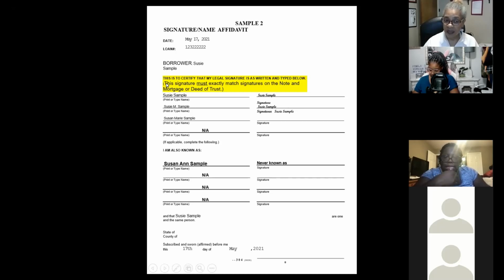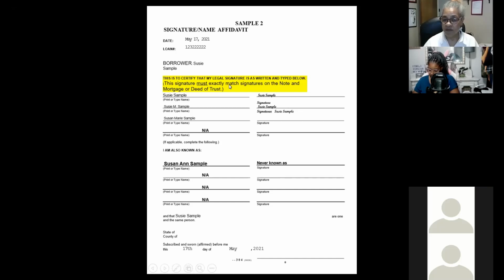Then they tell us this signature must exactly match signatures on the note and the mortgage or deed of trust. In this example, Susie's name is Susie Sample on her mortgage or deed of trust and her note. This is to certify that this is my signature. The signature must exactly match.